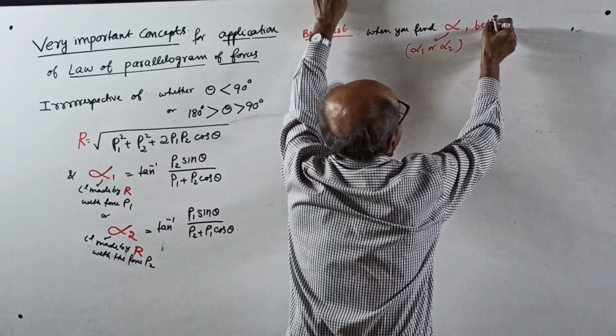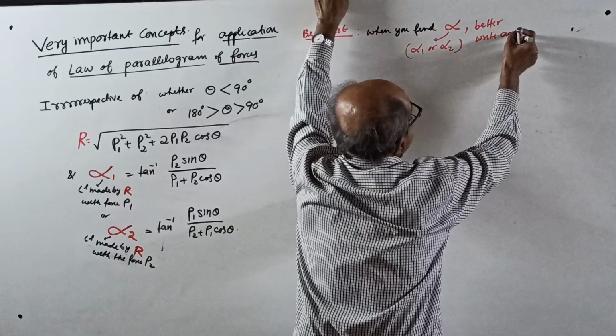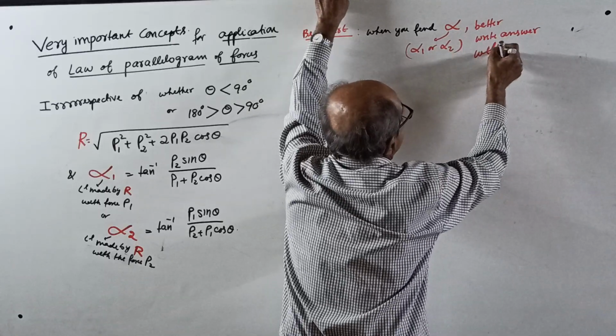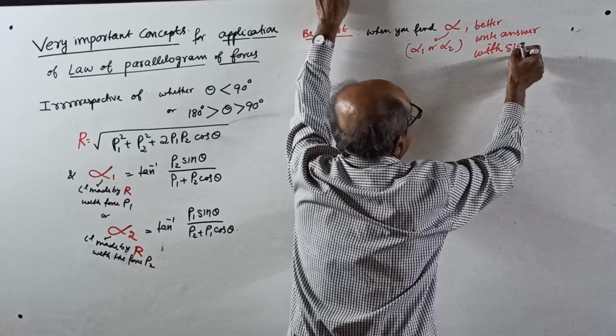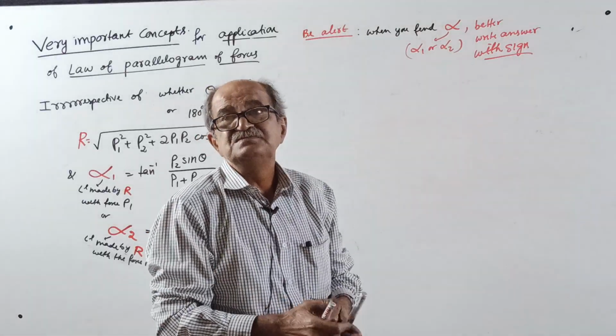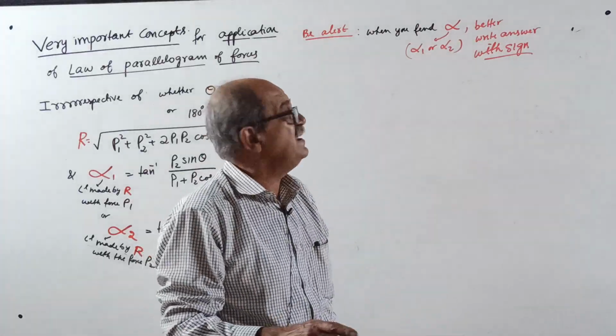Better write the answer with sign. Here only with sign. When you go later for resolution, I will tell you no sign. I will tell the reason here with sign.